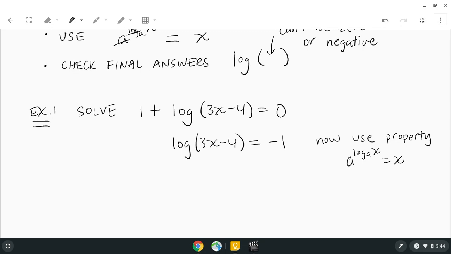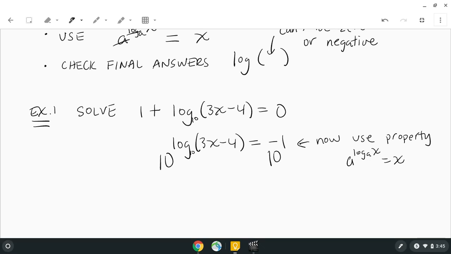When it comes to solving equations, it seems like students are used to doing something to both sides. So I'll show you how that's being done here with this property. We know this is log base 10, and I'm going to write it in so that you can see it. If we want to use that property, I call it basing both sides.